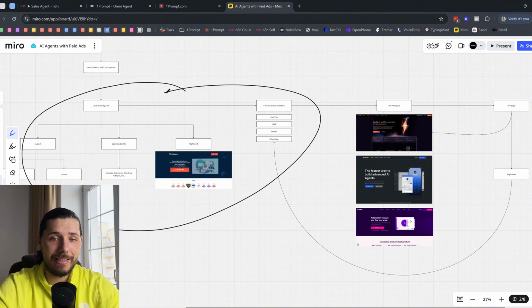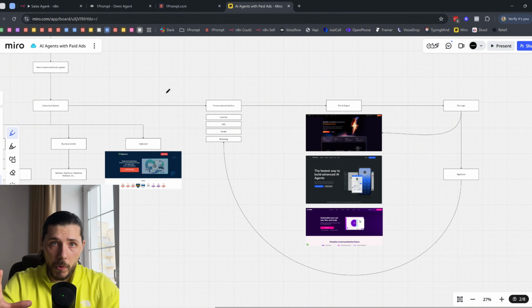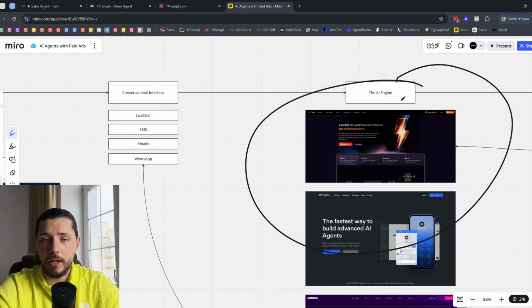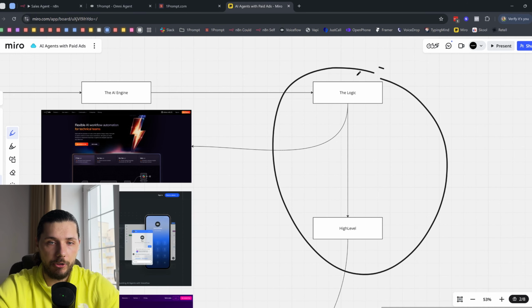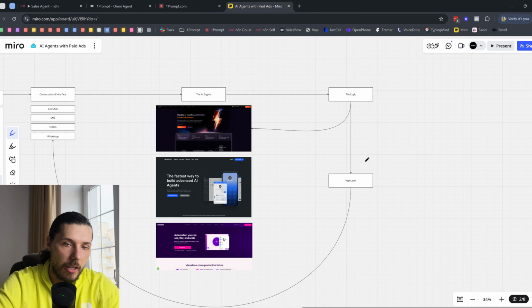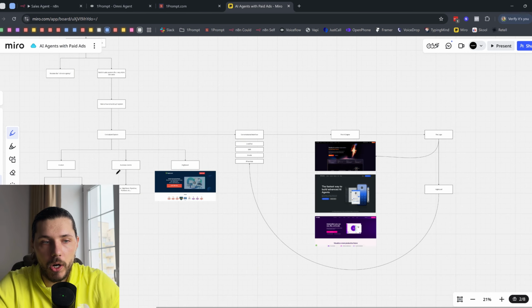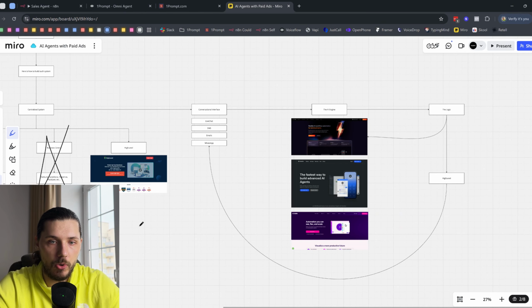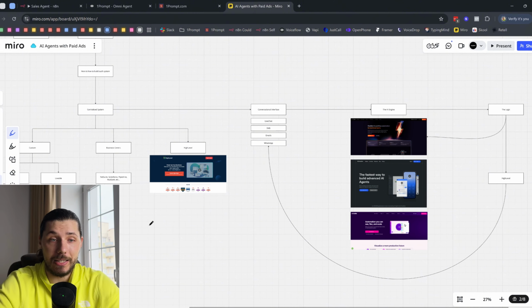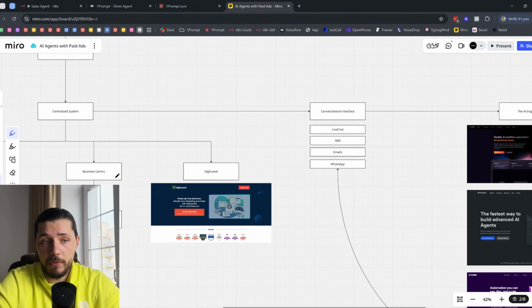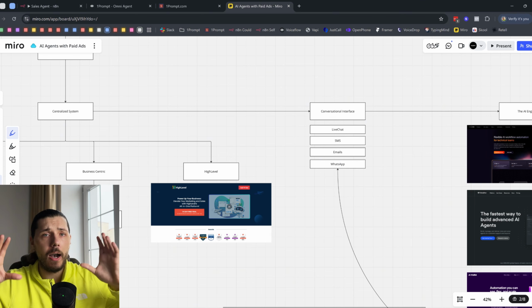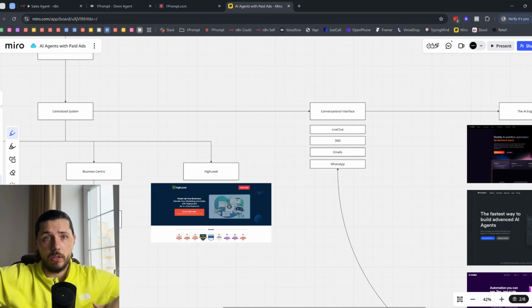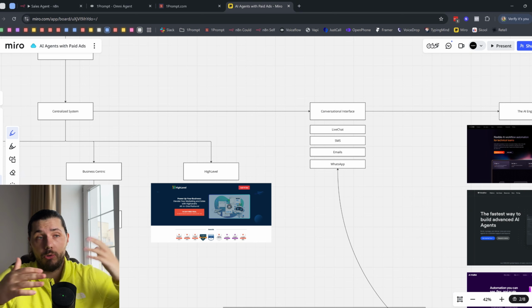Now, once this is done, you are powering everything using the engine, and then you're doing the logic. And this is where high level shines, and this is where most of the business-centric solutions and the existing CRMs and ERPs cannot do the job, right? Because technically, as I said, sure, a lot of the CRMs have their multi or omni-channel things that you can deploy to the website or to the forms.